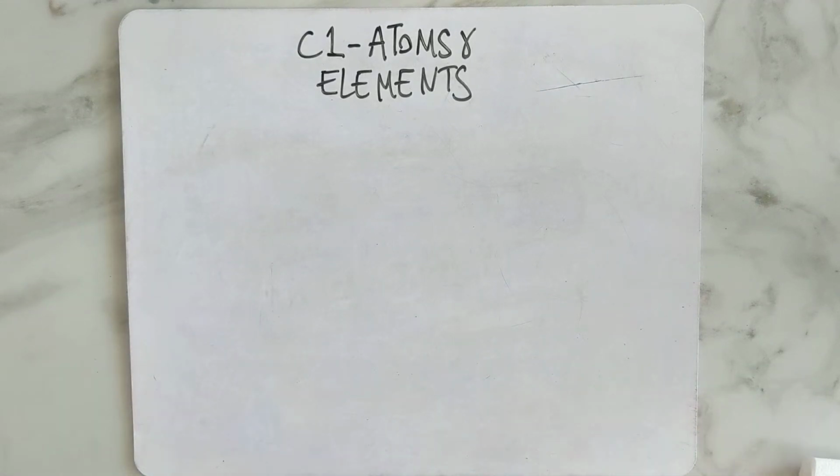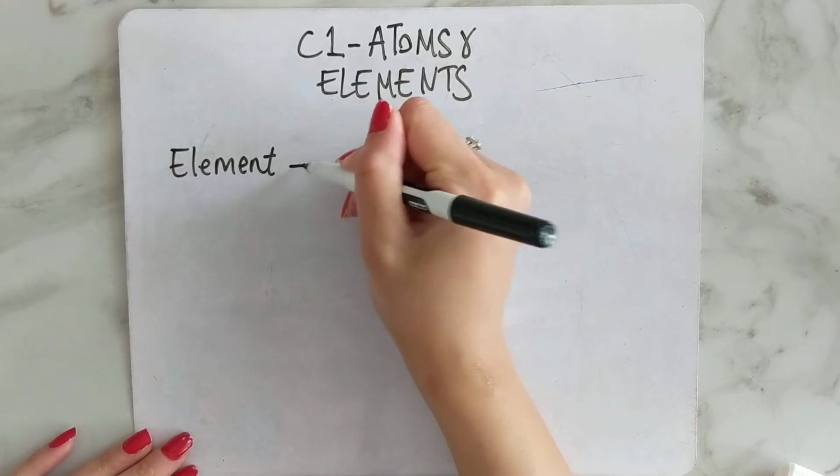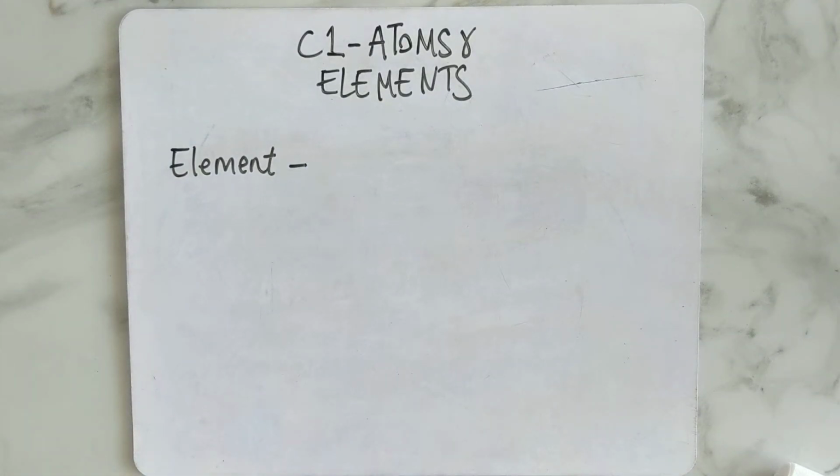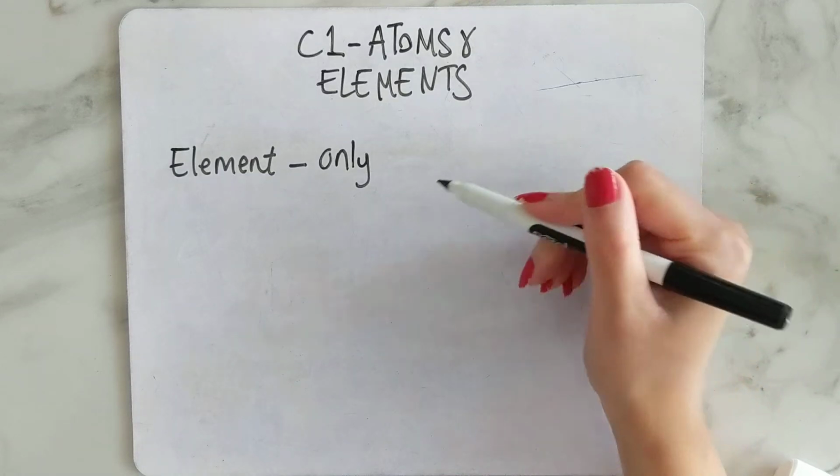Okay then, right, let's go on to a couple more definitions then. So elements, the definition of an element. An element, so you find elements on the periodic table, that's why it's called the periodic table of elements. So elements are pure, they only contain one type of atom.